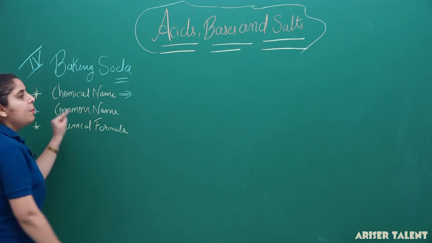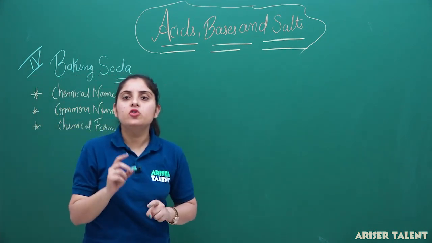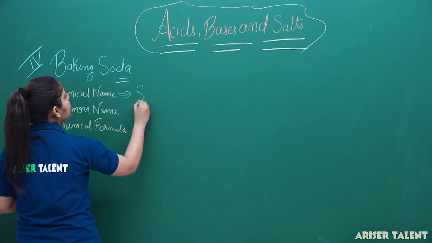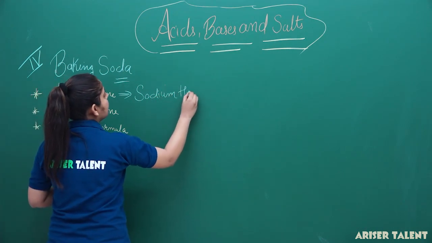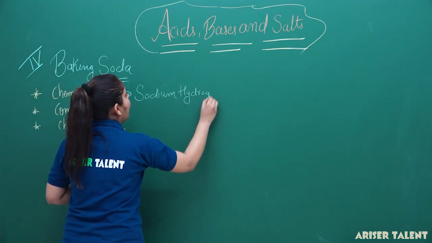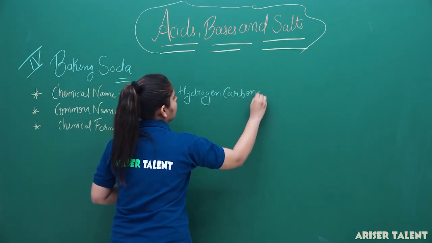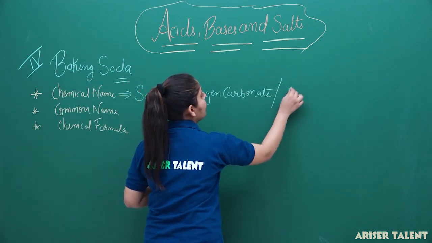Now the chemical name of baking soda is basically sodium hydrogen carbonate or sodium bicarbonate. So its chemical name is sodium hydrogen carbonate, or its another name is sodium bicarbonate.